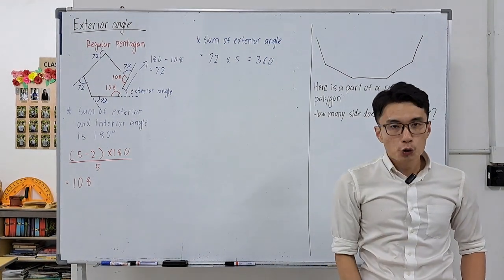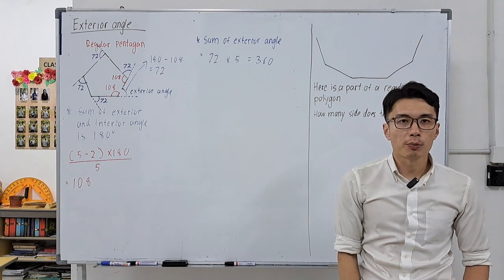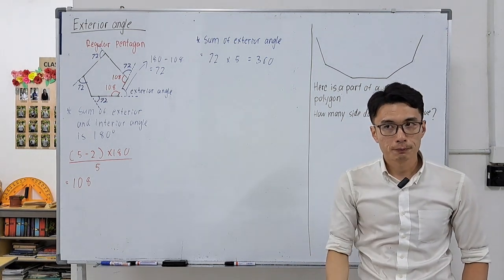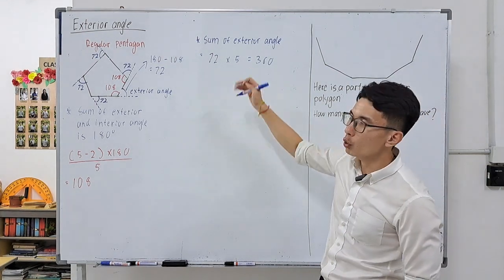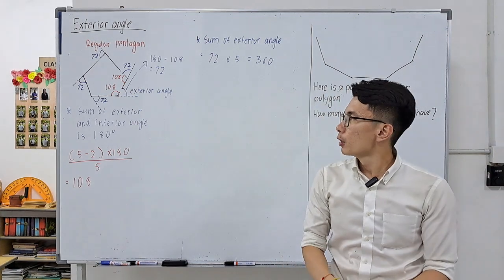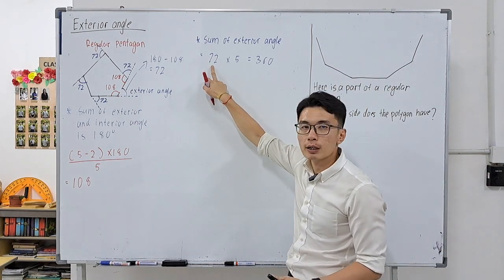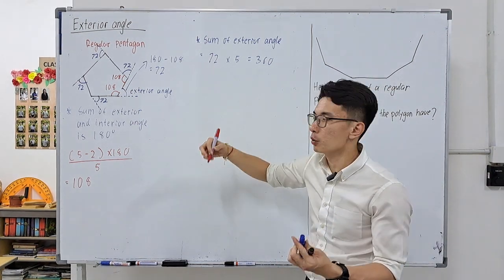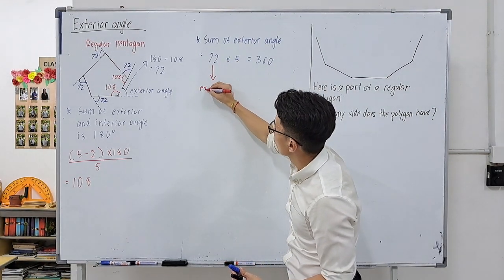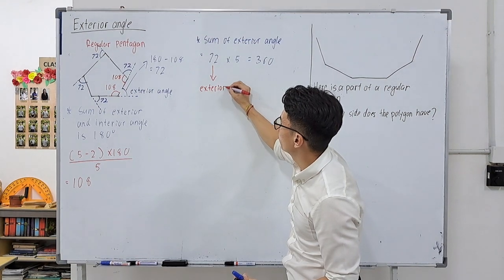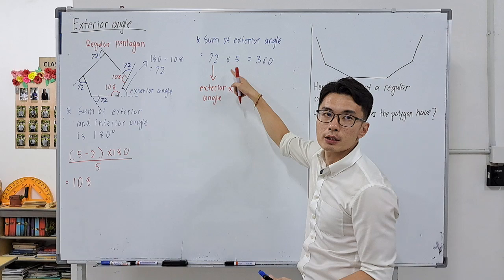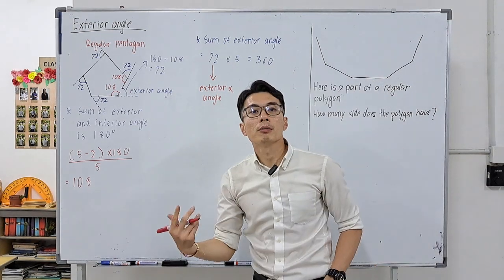And this is going to be true for all types of polygon, either they are regular or irregular. Now with this over here, we can come out with a formula. Let's try to label what this 72 tells me over here. This 72 is telling me the exterior angle.